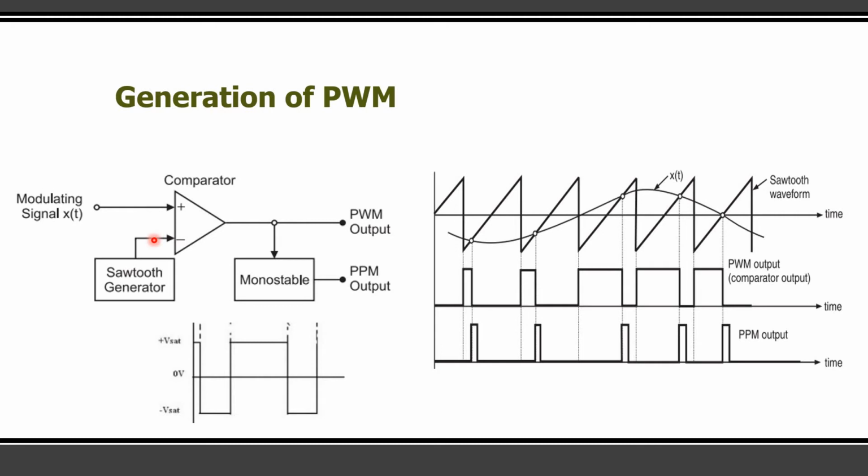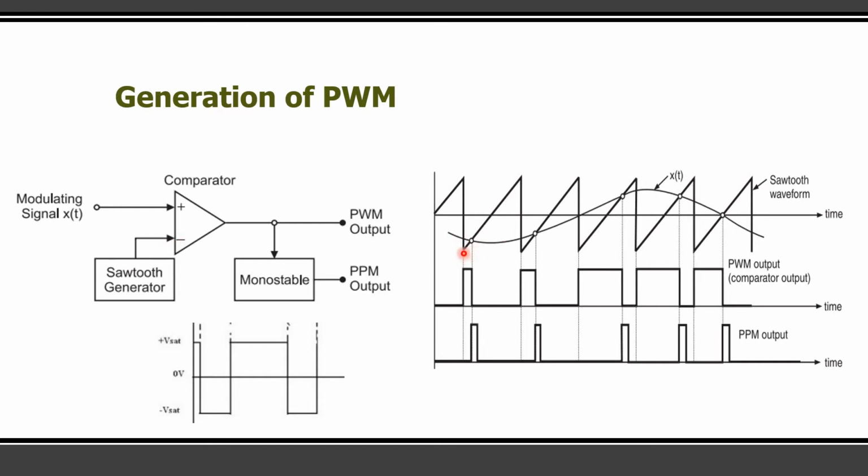With this we can explain how to generate a pulse width modulated signal by using these waveforms. Here the sine wave represents the message signal and the sawtooth wave represents the reference signal. The message signal is applied to the positive terminal of the comparator and the sawtooth signal is applied to the negative terminal of the comparator.